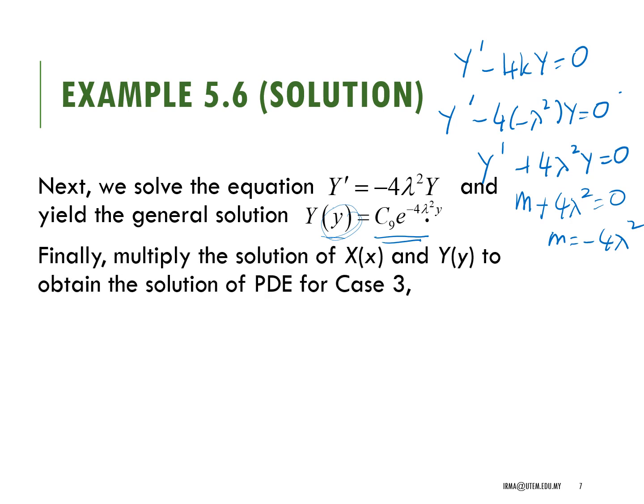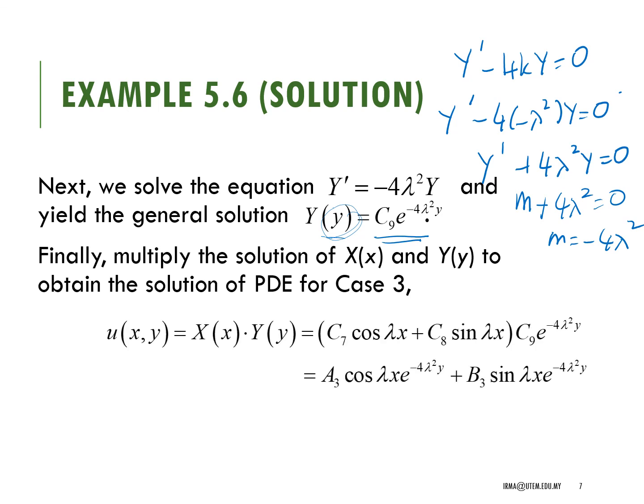So we can combine the general solutions to find the general solution in case 3. We can multiply the x equation with the y equation and simplify, so you get this.